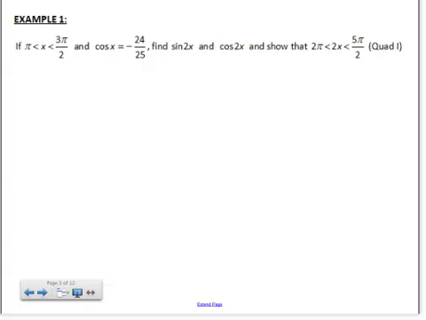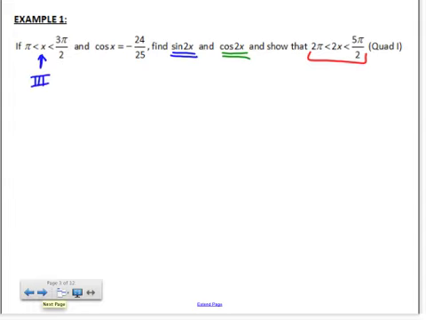Okay, so here we go. First thing we have to do is pay attention to which quadrant we're in. And we're going to find sine of 2x and cosine of 2x. Now here's what we know. And by the way, we're going to show that 2x lies in the right place. What we know here is that x is between pi and 3 pi over 2, so we're in quadrant 3.